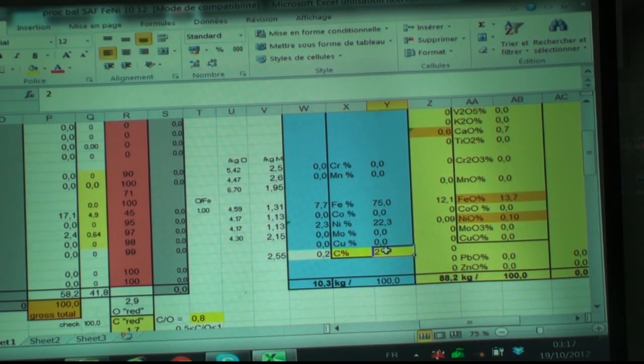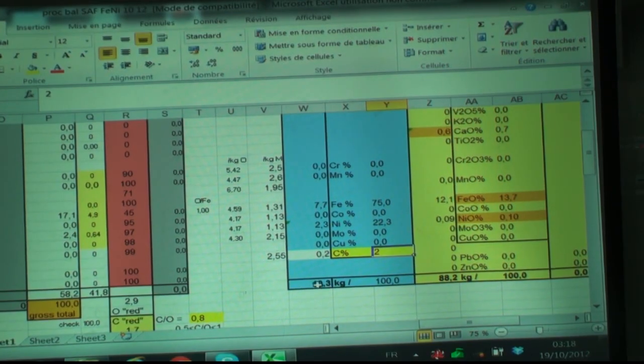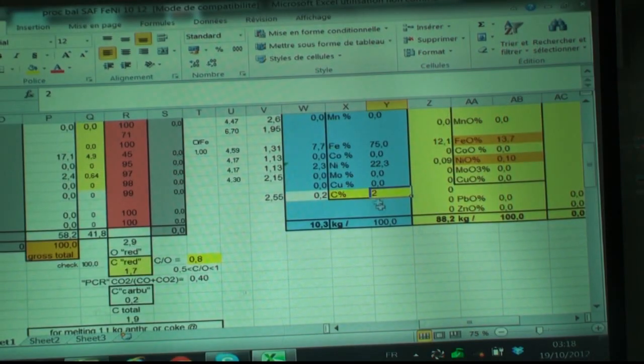This is the assumption, 2%. And then the calculation proceeds, and it shows that for 100 kilo input, you have 10.3 kilo metal. And this gives you 22.3% nickel, 75% iron, 0.6% silicon, and 2% carbon.